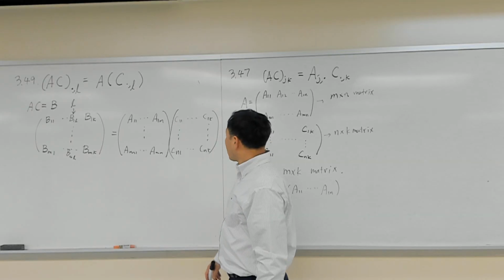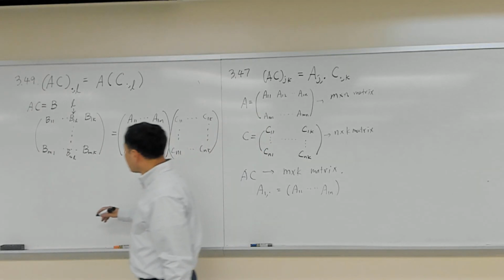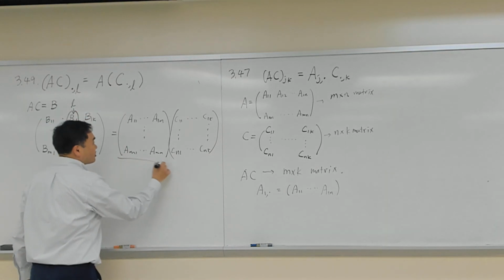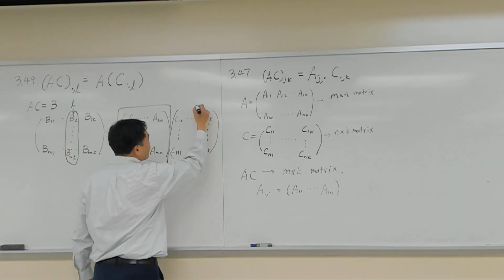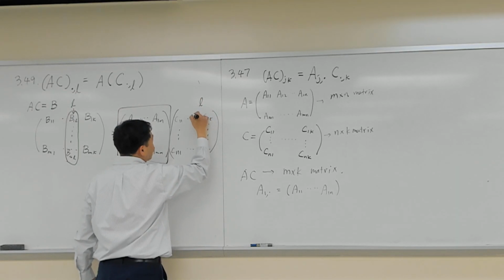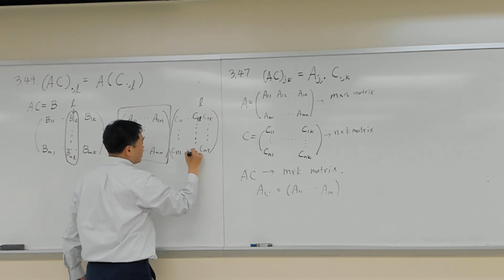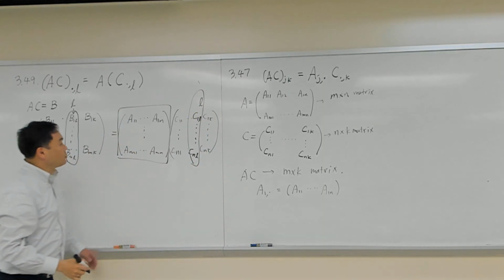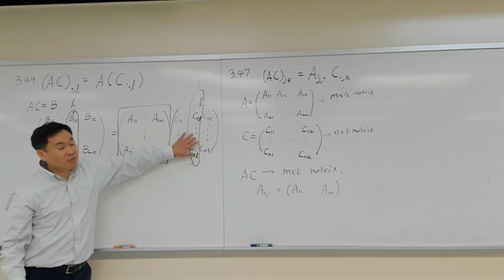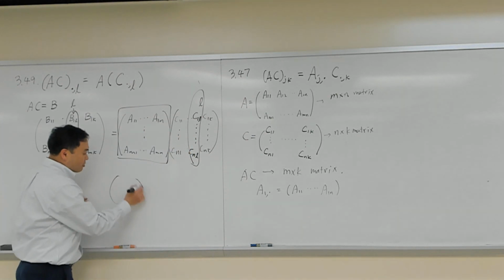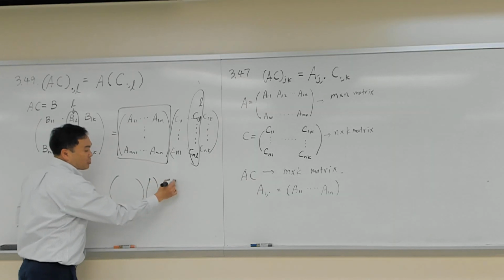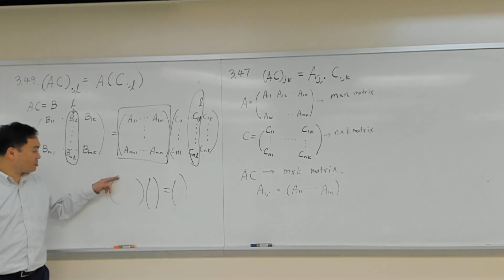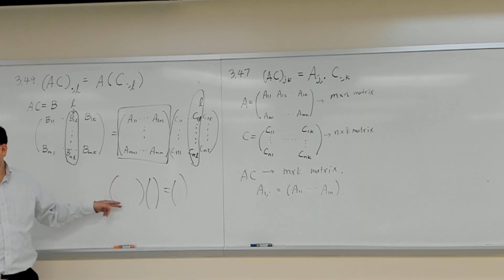And there's a way to see where this came from. This thing is the same as taking the entire matrix A multiplied by the lth column of C, which is C1l through Cnl. If you do this times this, we already know that a matrix times a column vector gives another column vector, where the length is the same as the number of rows here.